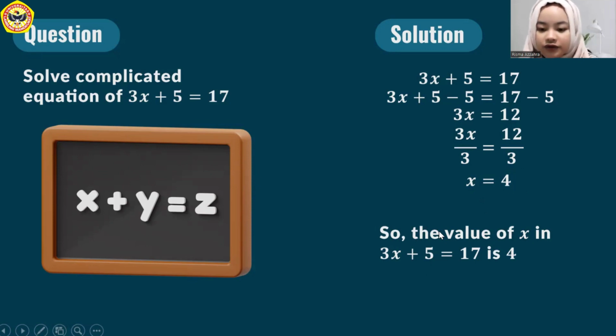Then we have to substitute the x value into 3x plus 5 equals 17. So it has been proved that x is 4, because 3 times 4 is 12, plus 5 is 17.